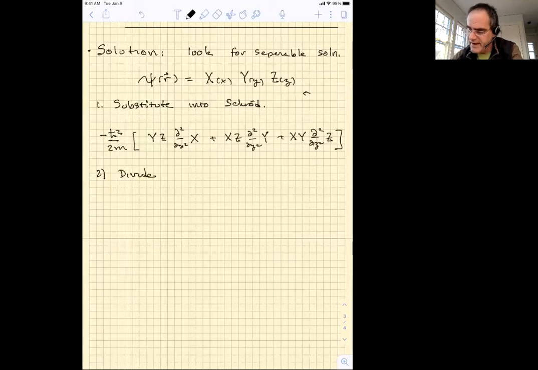The next step is to divide both sides of the equation by x, y, z, by the wave function. And that gives us the following. I only wrote the left-hand side of Schrodinger's equation here, but let's go on. That's going to give us minus h bar squared over 2m times, and I'll just focus on the left-hand side once again.